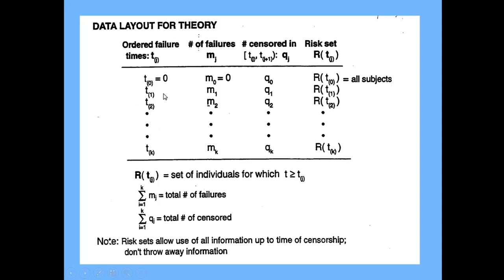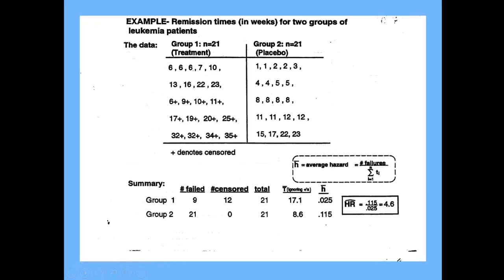Now what's this? The number censored in this same time interval. Can you figure that out for group 1? The number censored between the first time that somebody failed and the second ordered failure time. What's the second ordered failure time? 7.